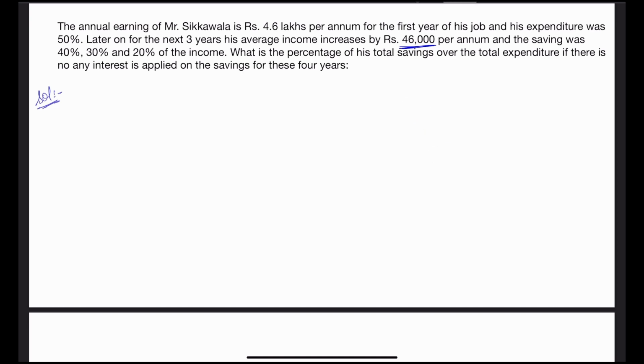It is just 46,000, which means only a 10% increase every year. So if his income was x, first year it will be 1.1x, second year will be 1.2x. It's not like a 10% increase on the previous one. If that would be the case, then it will be 1.1x squared.